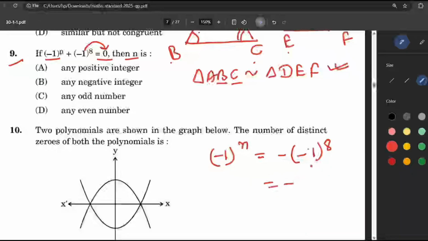Now minus 1 to the power 8 is equal to 1, so here minus 1 to the power n is equal to minus 1. Since the value of minus 1 to the power n is negative, it means this n must be an odd number, like 3, 7, 9, these numbers. So n will be an odd number.